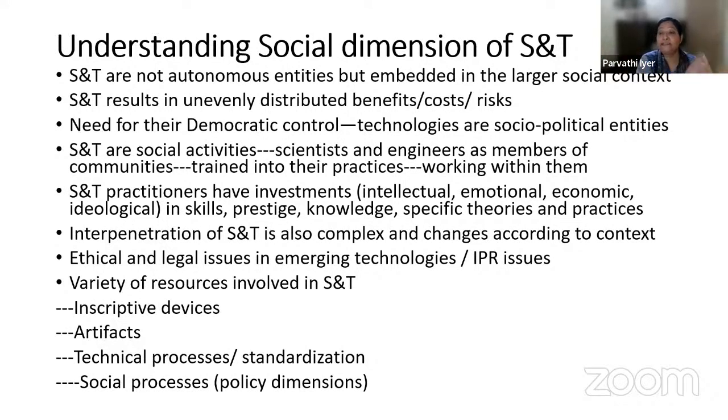Whereas in basic research units or new product development units, the method of interacting and the way the project is organized will be totally different. So that's why I'm saying there is also a social dimension there.